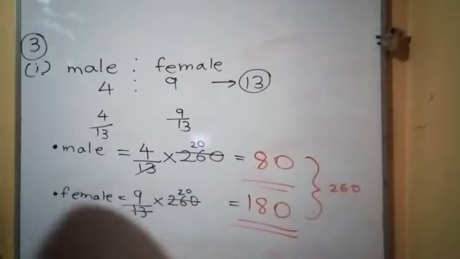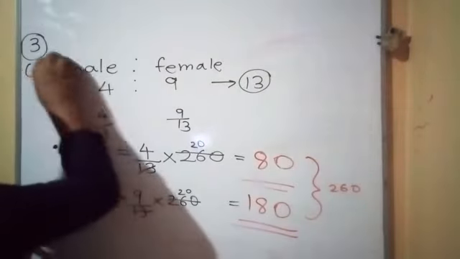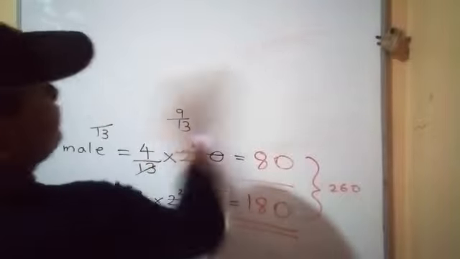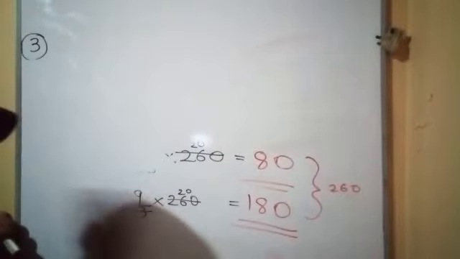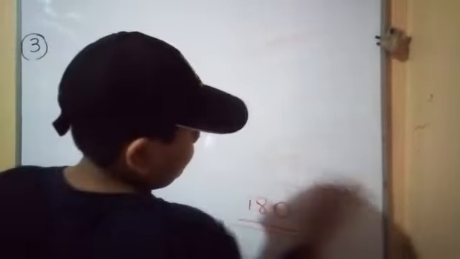Now, in the second sub question you get: the ratio of the monthly salary of a male worker to that of a female worker is 5:4.